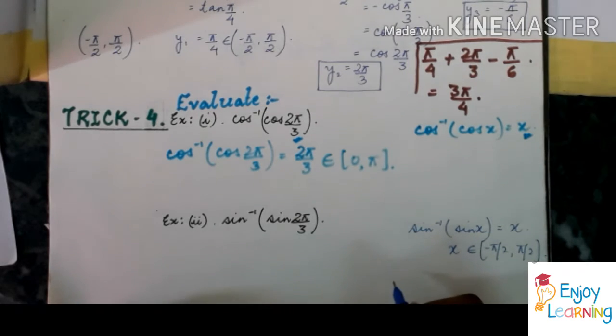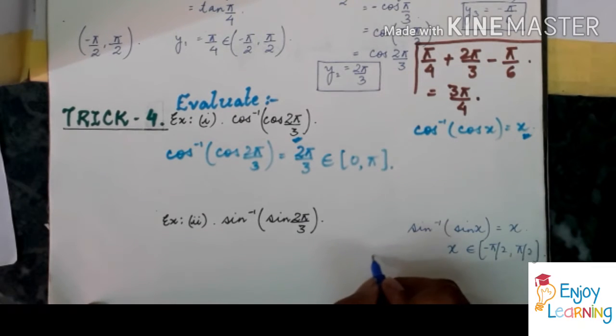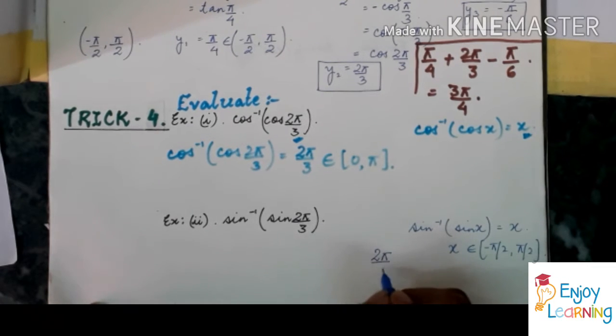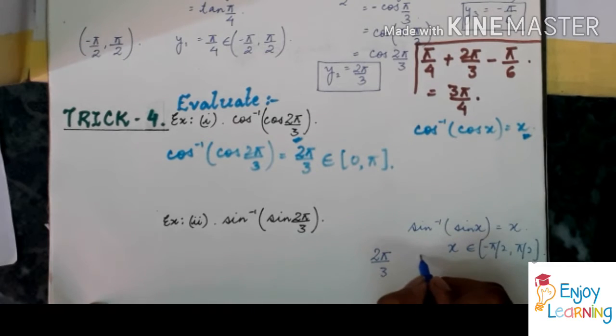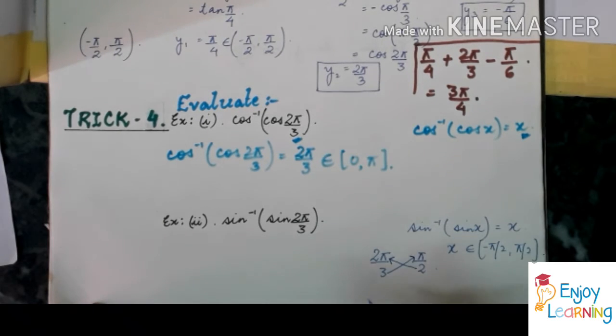So this is done as follows. First, take 2 pi by 3 here and pi by 2 here. Just cross multiply the denominators with the numerators.